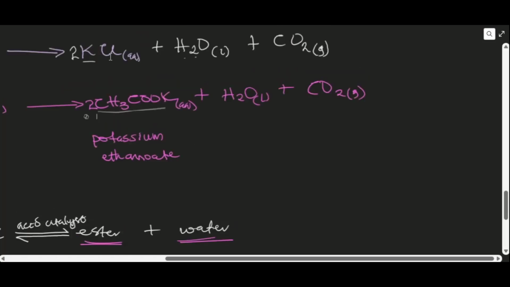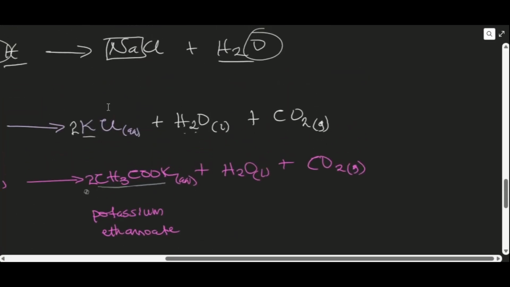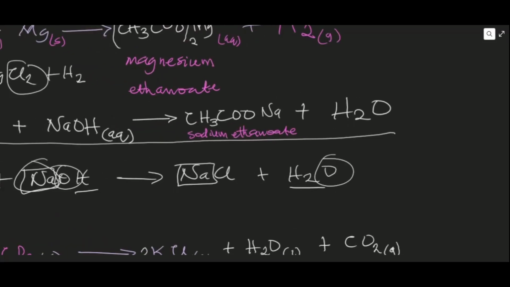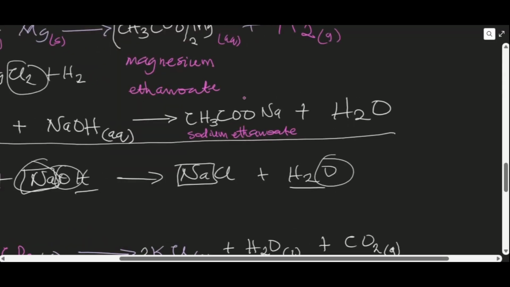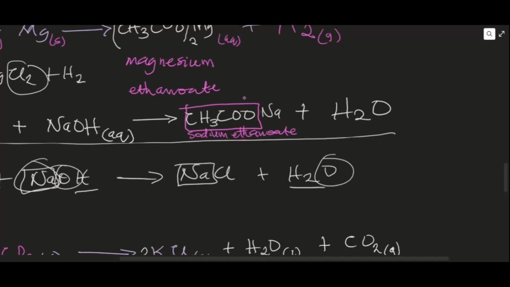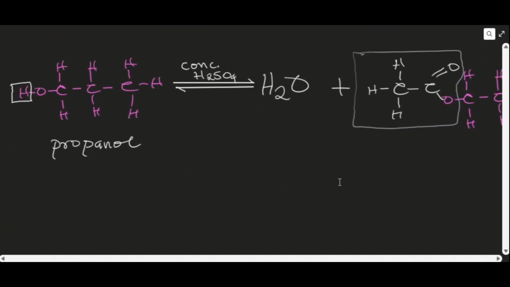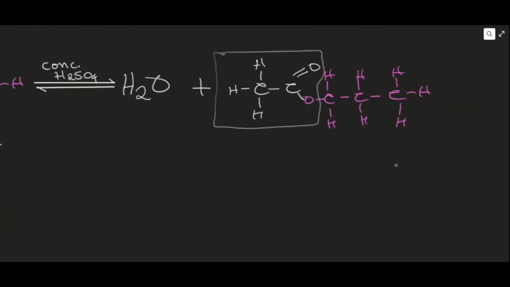If you look up here as well, when we reacted our acid with sodium hydroxide, we have CH3COO as well, and then we call it ethanoic. And that is what we have here as well. We see that we have CH3COO. So this is ethanoic.